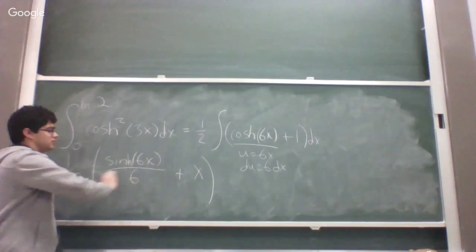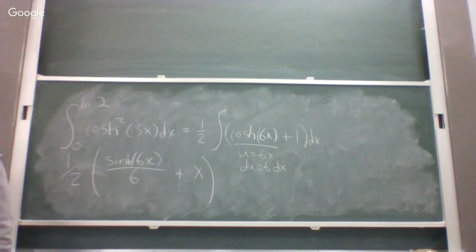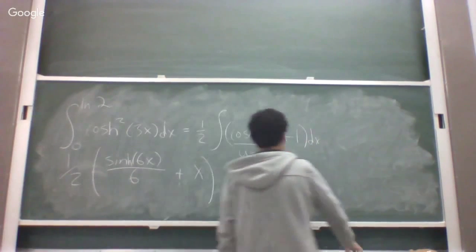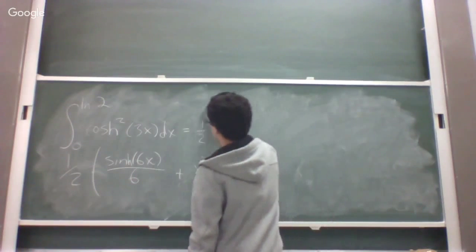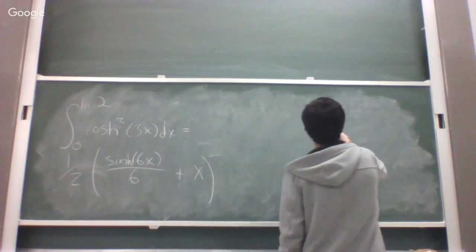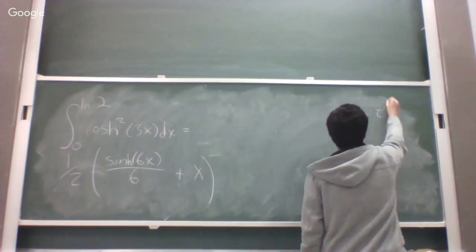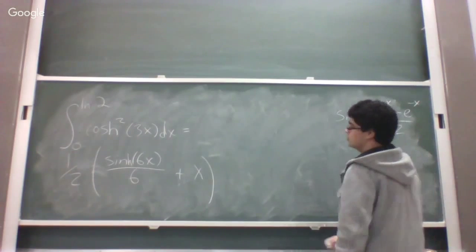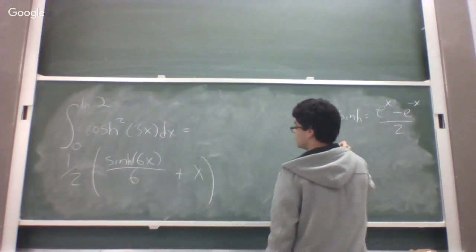We change it using the definition of sinh, with the e to the x stuff. So I'm going to write this here so we don't forget. The definition of sinh, anyone want to say it?